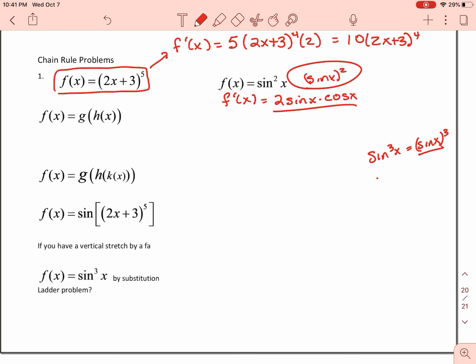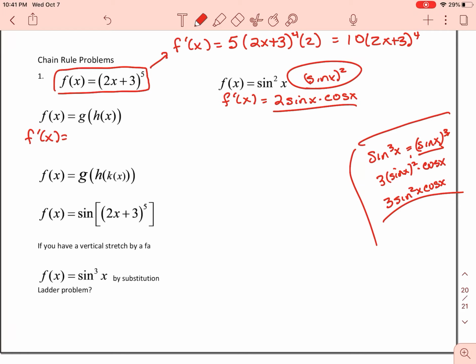I think it's helpful to write it like this and just keep writing it like that. So it'd be 3 (sine of x) squared and then times the cosine of x. And then if you want to write 3 sine squared x cosine of x, that's fine. But that's probably one of the most prevalent mistakes I've seen on calc tests, when they put this around front, they just forget to put the squared on there. Okay, so try not to be one of those people.